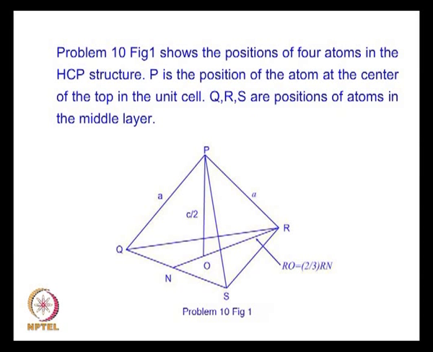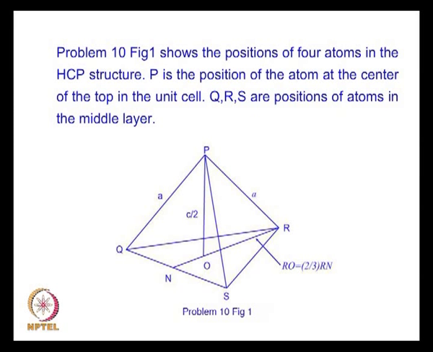Now, by geometry you can see that the sides PR and RS are the sides of the unit cell and that is given by A, and therefore, since QRS is an equilateral triangle, the side RN is root 3 by 2 A and the OR is 2/3 of that, because O is the centroid of that.